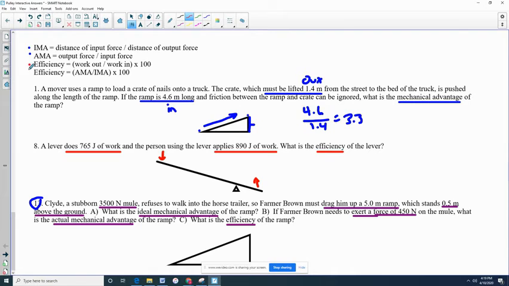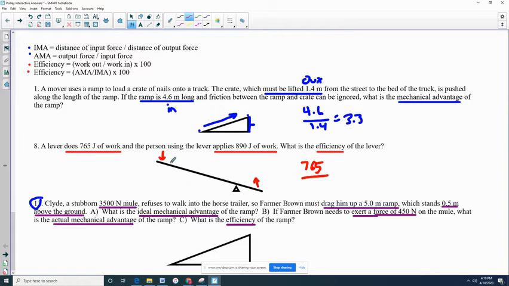So there are two ways to figure out the efficiency. Since we don't know what the ideal mechanical advantage or the actual mechanical advantage are, we're going to use this one right here, work out divided by work in times 100. Well, the work out is what the lever does. The lever does 765 joules of work.